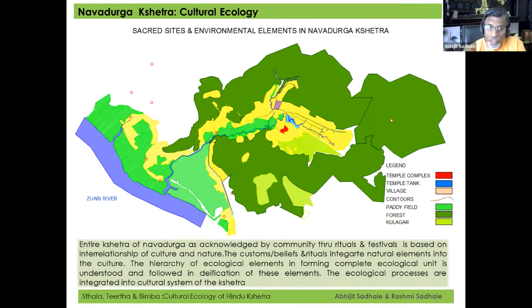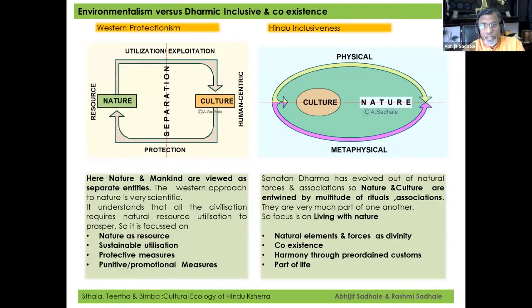So the ecological processes are fully integrated into the cultural system of the Kshetra, creating a cultural ecology of Navadurga Kshetra. From these three topographical Kshetra studies, we can understand that our view towards the environment is a very inclusive view. We do not view nature as separate from human beings. We do not look at them as separate entities, but we are very much part of each other.